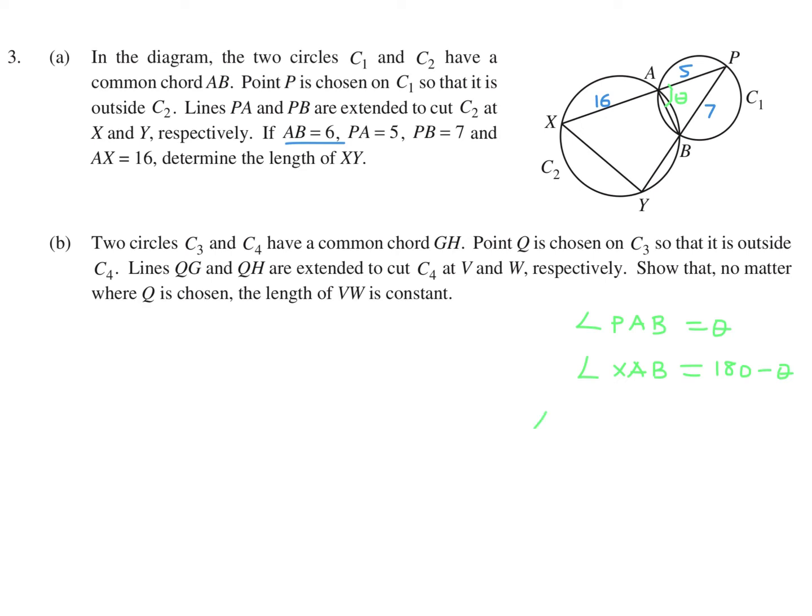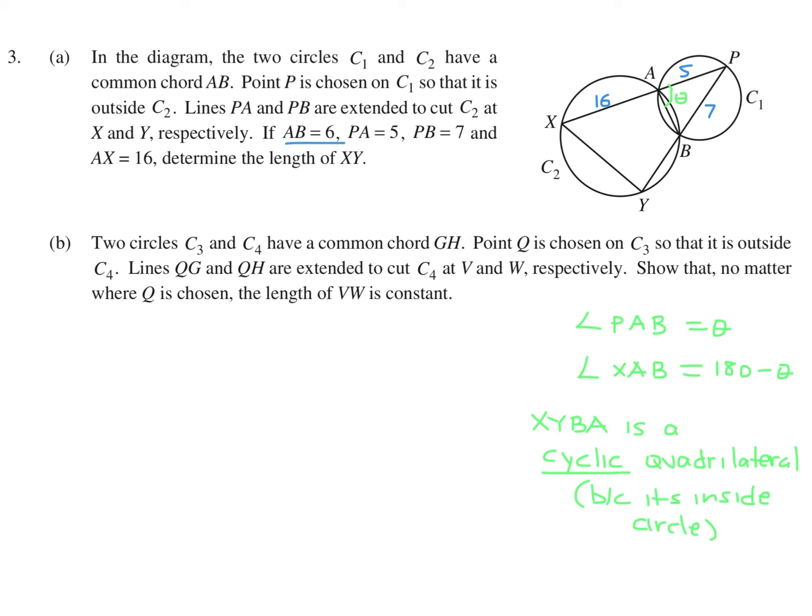So XYBA is therefore a cyclic quadrilateral. And the reason is because it sits on a circle, basically. Its vertices are on a circle, and any such quadrilateral is called cyclic.